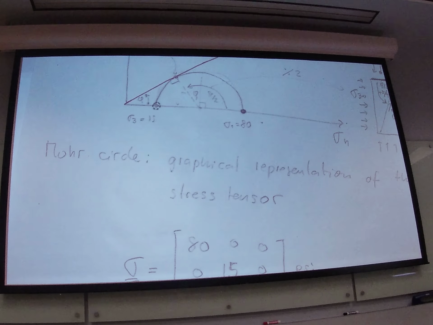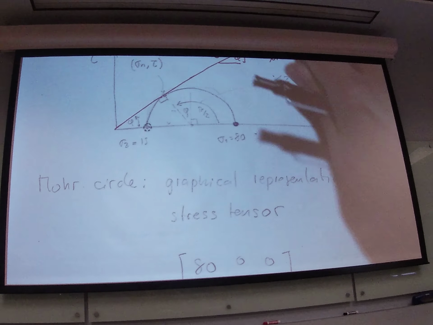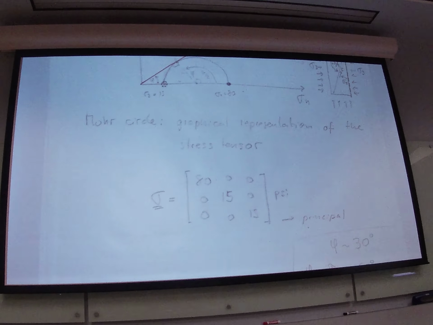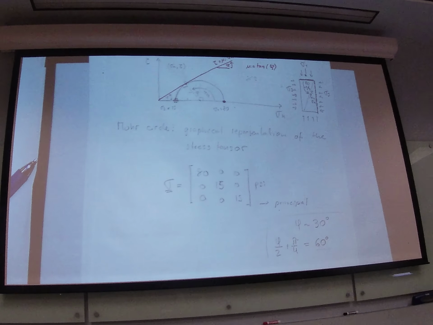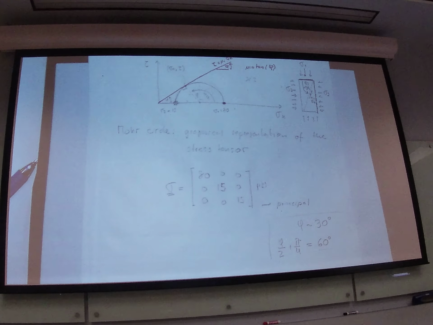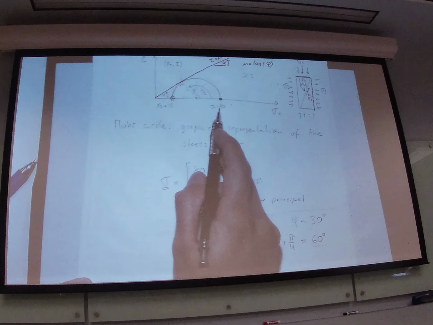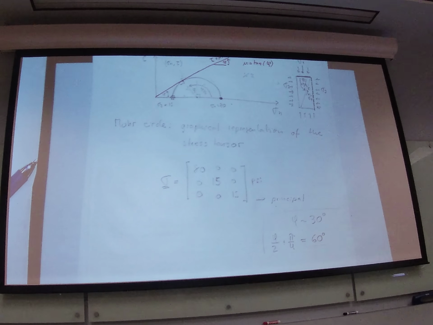Okay, and we're going to do one more thing here, and we have time. I would also like to explain now what is the ratio of sigma 1 to sigma 3.